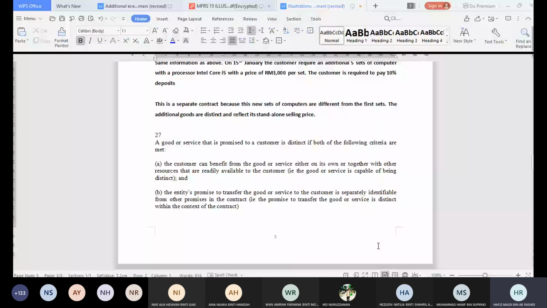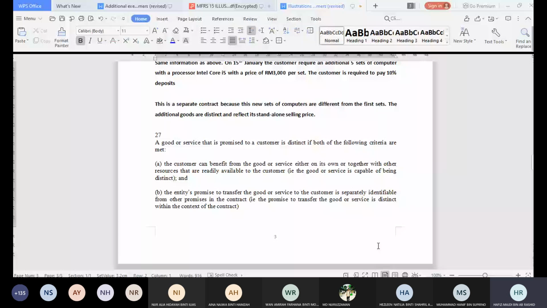It does not require to be used together with some other product which might not have been delivered. Because sometimes when you have a customer order, you might have, for example, two different sets of delivery promises to deliver the product. So a product is distinct.